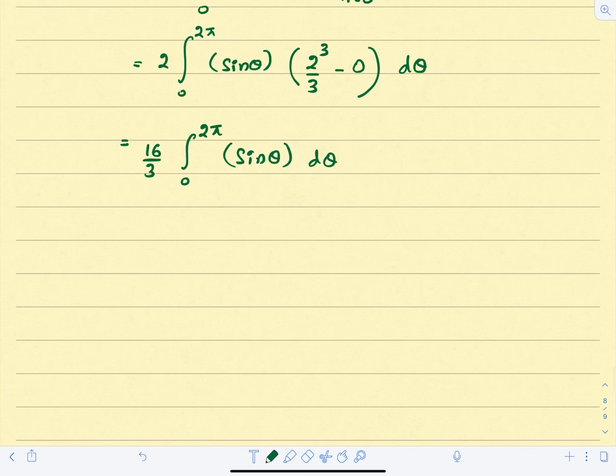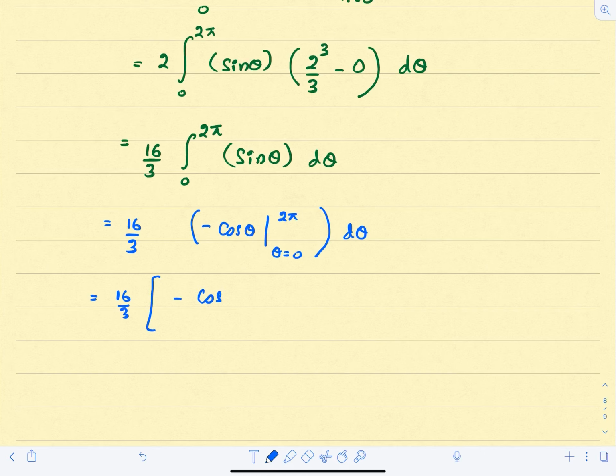Now if you integrate sine theta, you should get minus cosine theta. Let's apply the upper limit first. You will get minus cosine 2 pi minus, minus cosine 0.